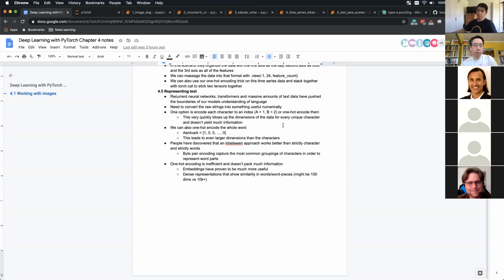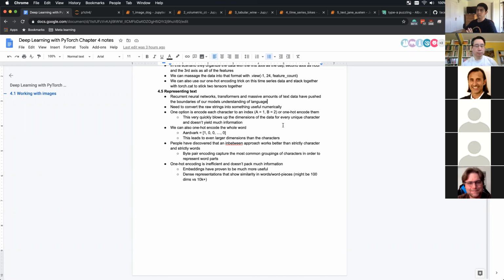Another approach that is more useful is actually one-hot encoding each of the words. So you're saying aardvark's the first word in your dictionary, so you give it the index 1, and then you one-hot encode that, and then you stack a bunch of those forward. So you build out your whole sentence from one-hot encoded words.